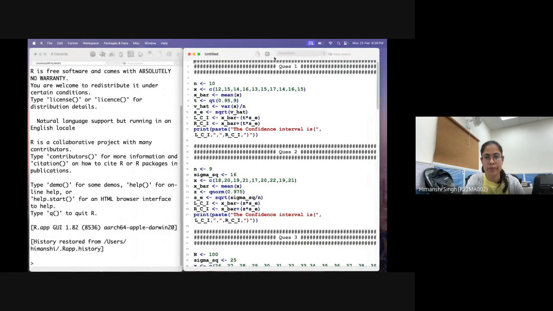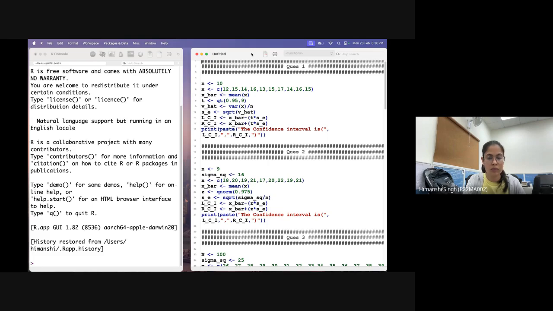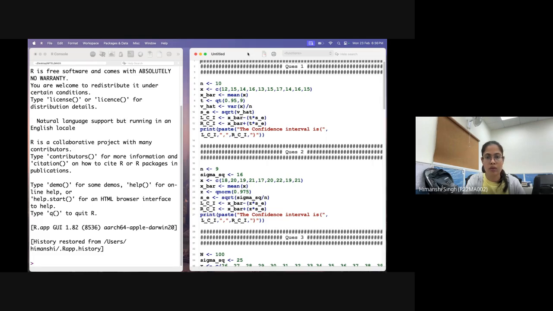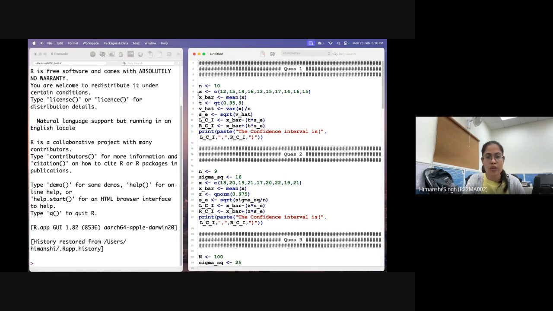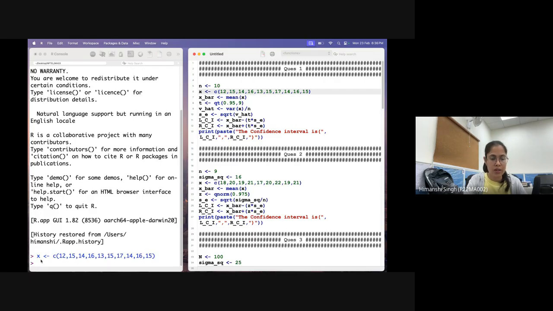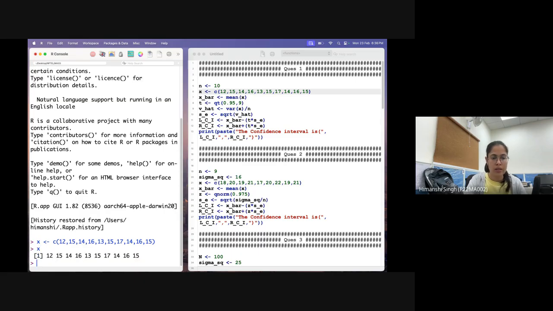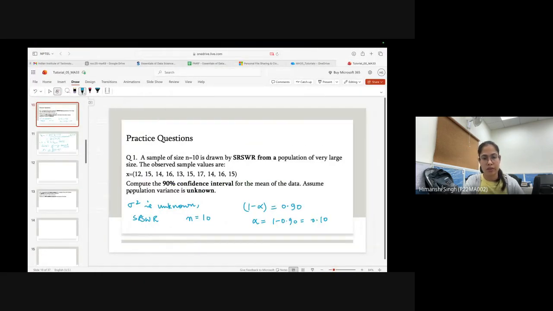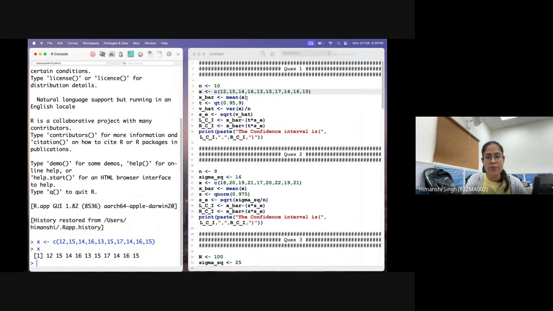So this is question number one. Here I have taken this sample x and stored it in x. You can see here x is the whole sample. Now x bar is mean of x. I'll just run the command mean of x.